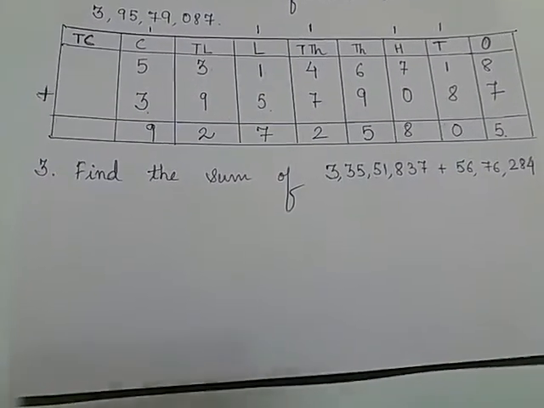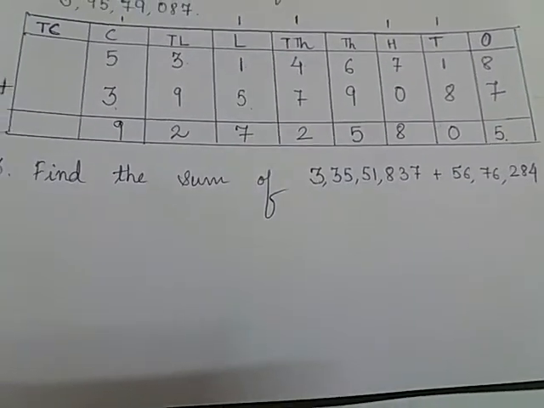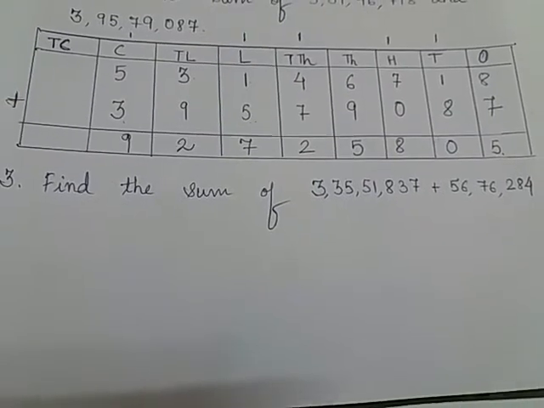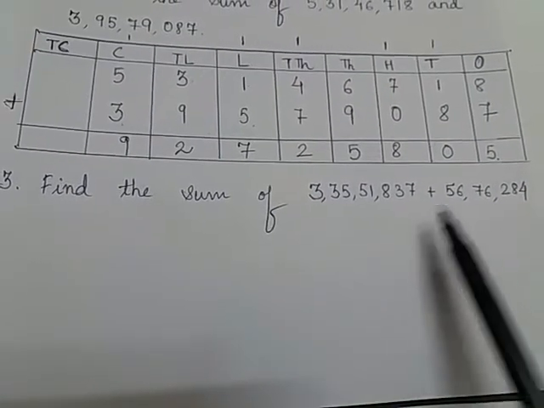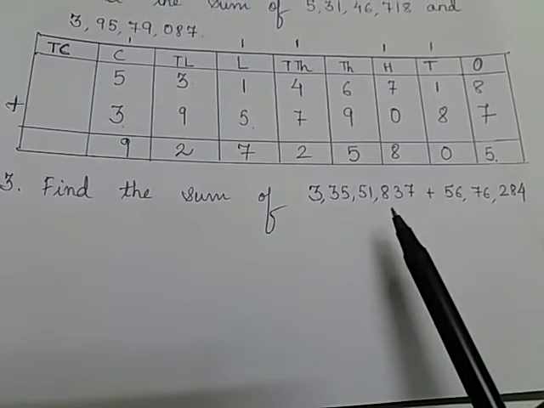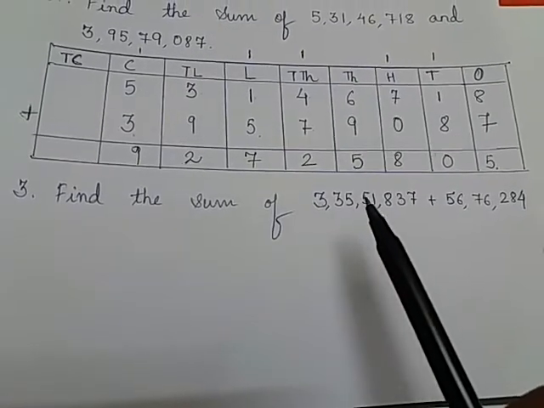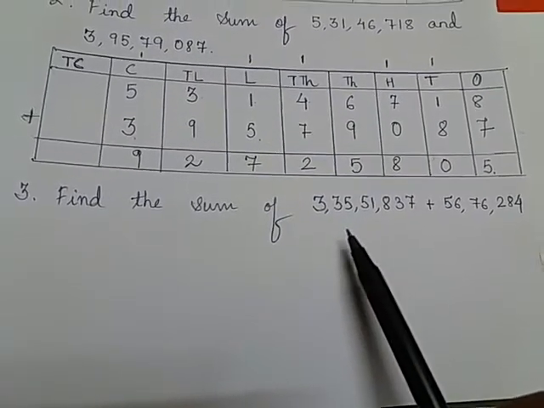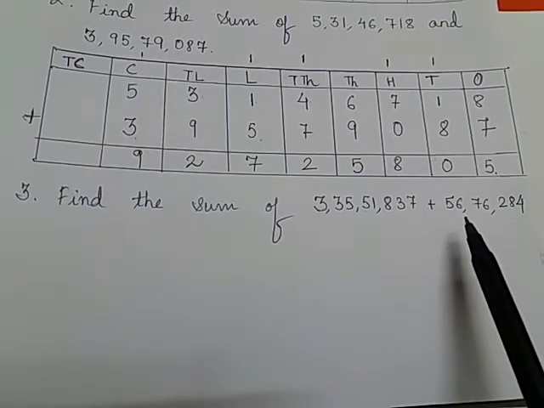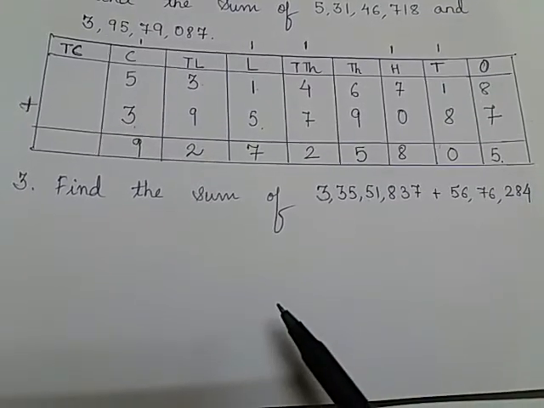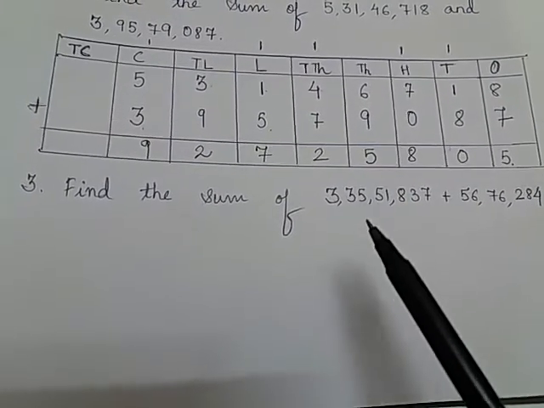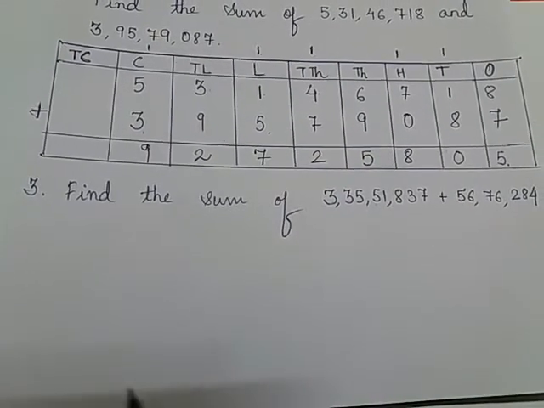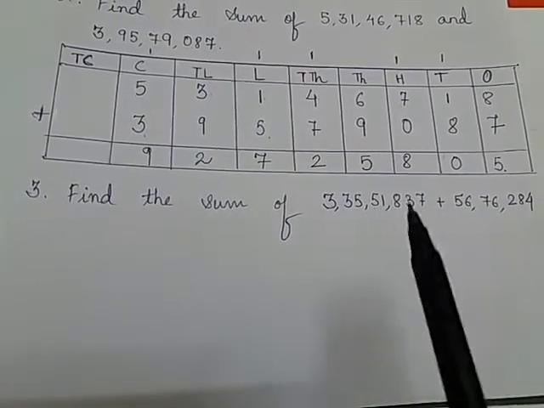Children, here we have another question, that is, here we have to find the sum of these two numbers. Here we can see that one is an 8-digit number and the other is a 7-digit number. Now again we will draw a place value chart and we will place these values inside it.